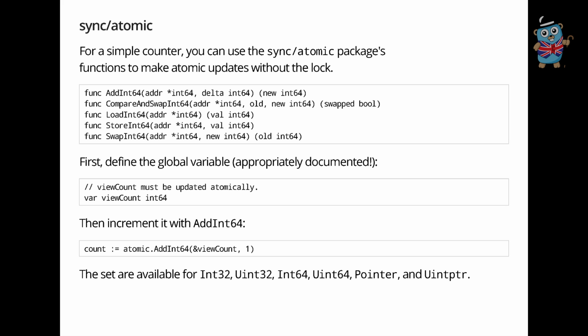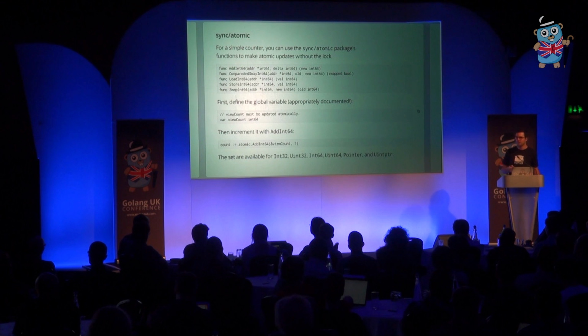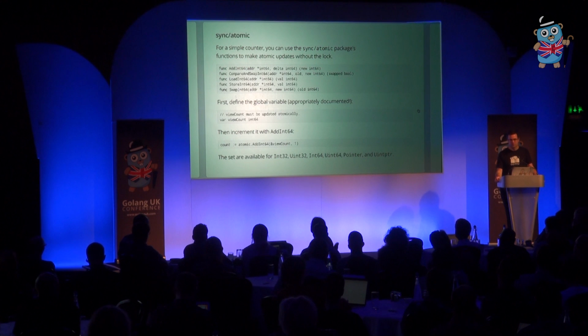So if all you're doing is operating on a single word of memory, often the atomic package will yield a lot better performance. And in fact, a lot of the types in the sync package are constructed using these atomic primitives. And so you could use them in theory to construct your own concurrent primitives, but I think it's probably unlikely that you would want to do that.